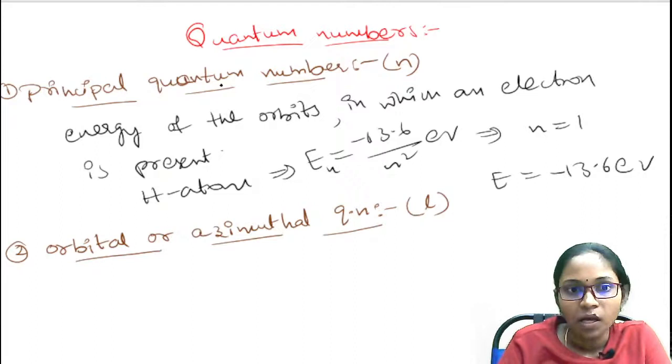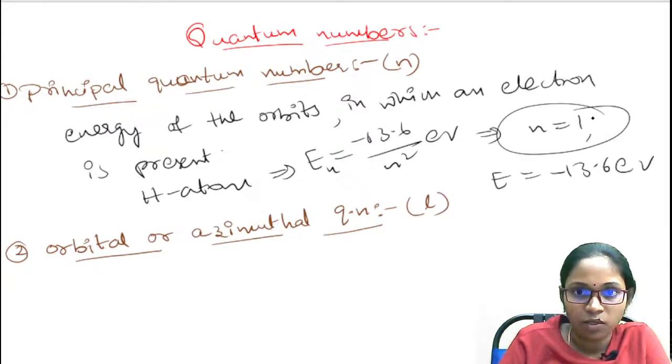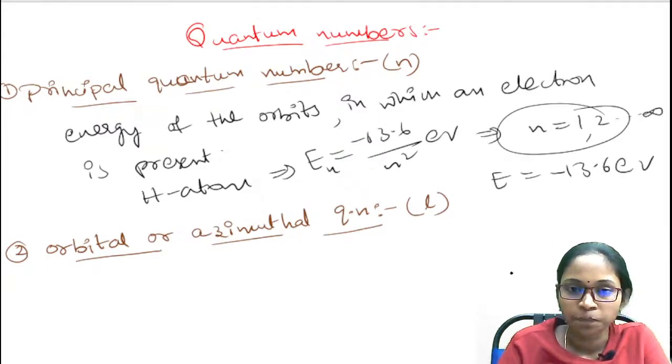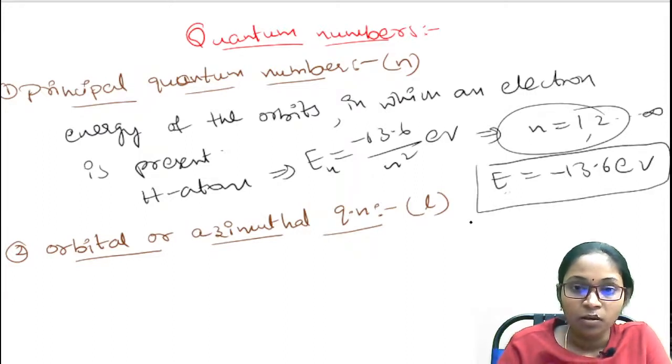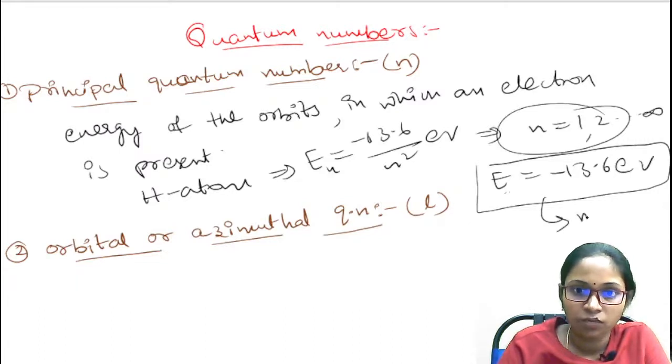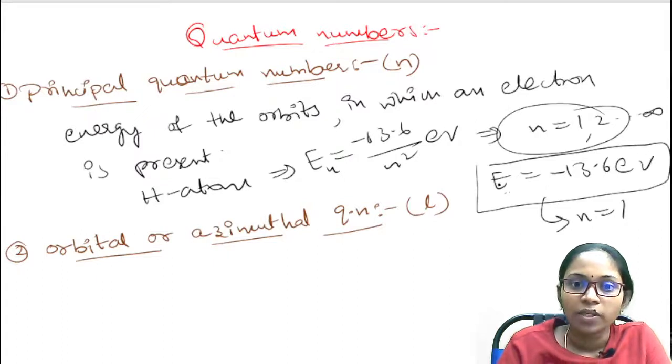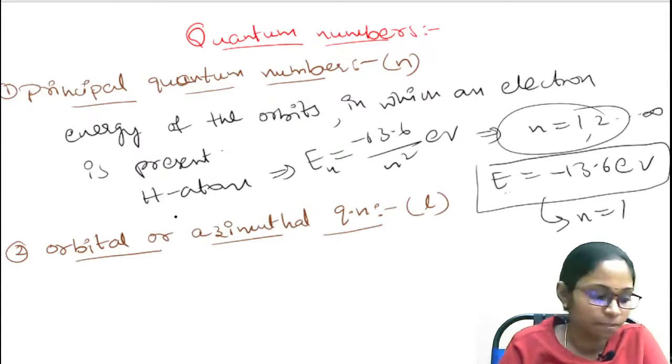This principal quantum number which is denoted with n, we take the values from 1 to so on infinity. This principal quantum number gives us the energy for which the electron is present. Here, if the electron is present in first orbit, that is for n equal to 1, the energy will be minus 13.6 electron volts for that orbit.